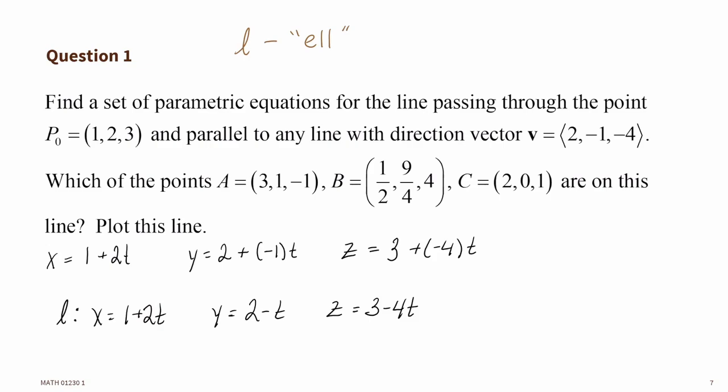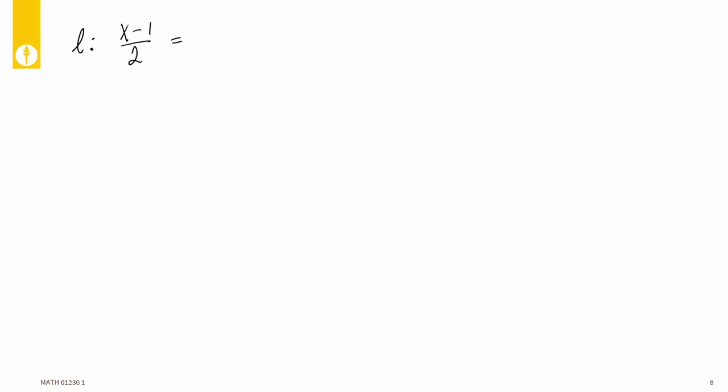What is it? I'm not going to write it that way just yet. That is how I'm going to write it in the end. y minus 2 over negative 1, right?